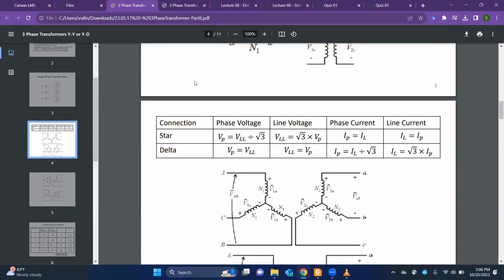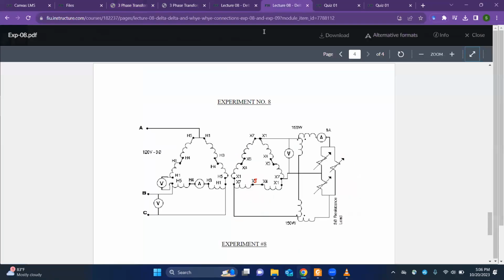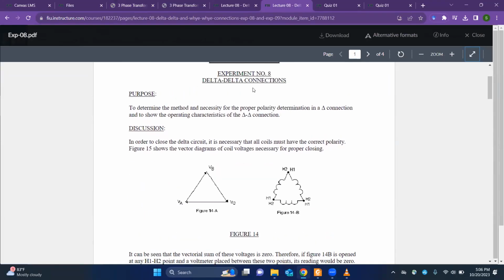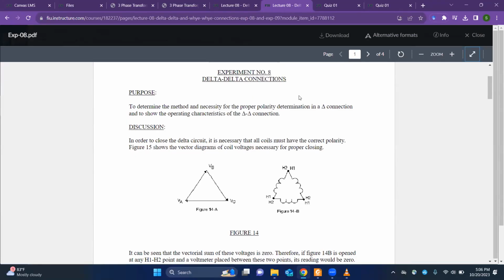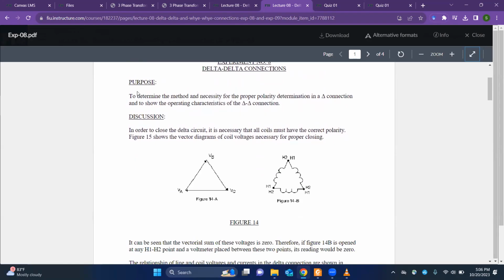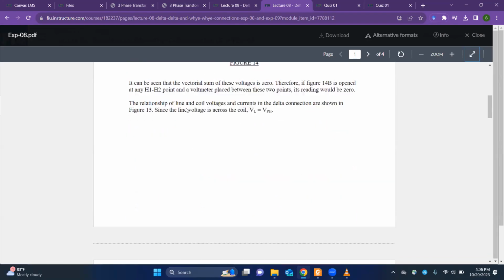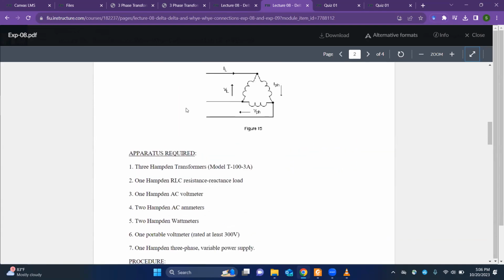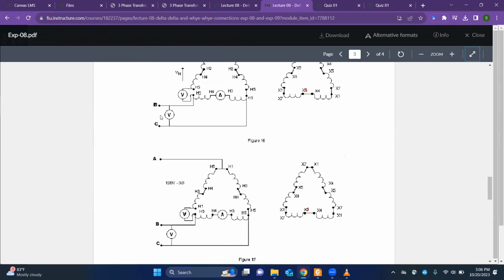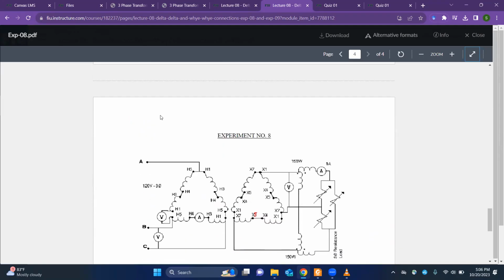In your report, there will be a two-part report because I'll also be explaining Y connection. So this is delta connection. You don't have to put too much in the report. You need to write down the purpose, the scheme, all the figures here, the procedure, and the question answers that are given here, and the schematic of this.